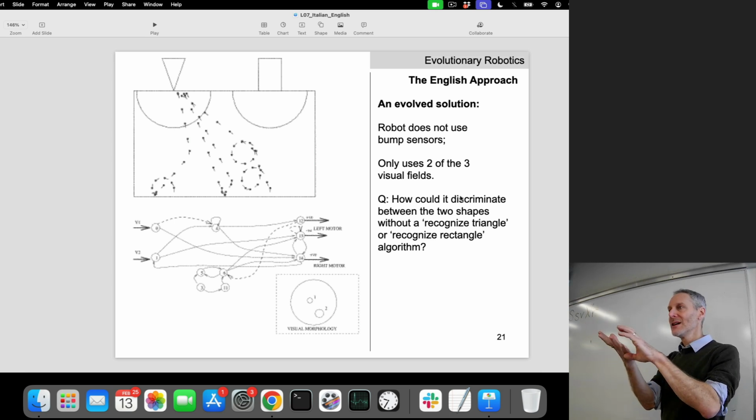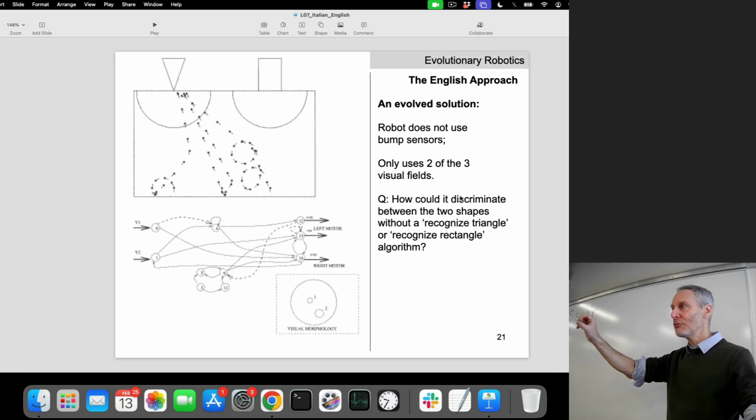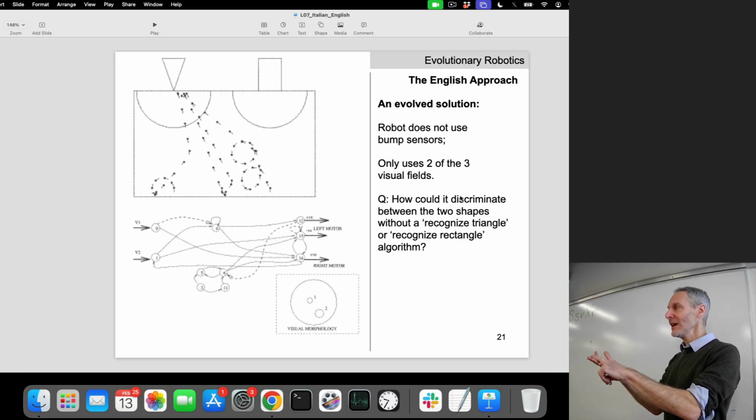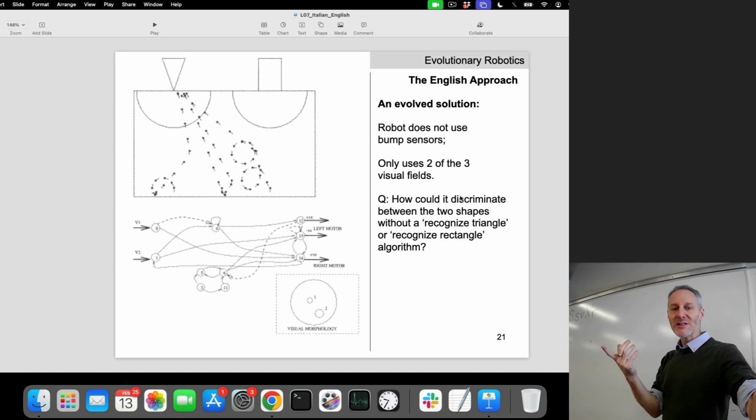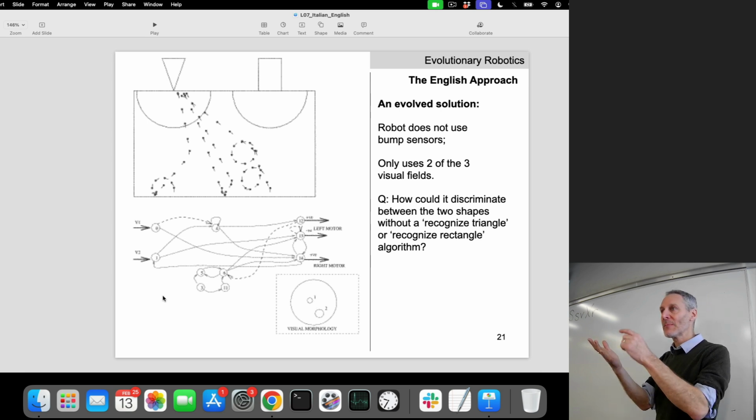So movement, time, sensation. The fovea goes dark, the fovea goes bright. The explanation has to do with physiology. Where are the fovea? How many fovea are there? How big are they? Is it using the bump sensors or not? Movement, time, physiology, sensation.